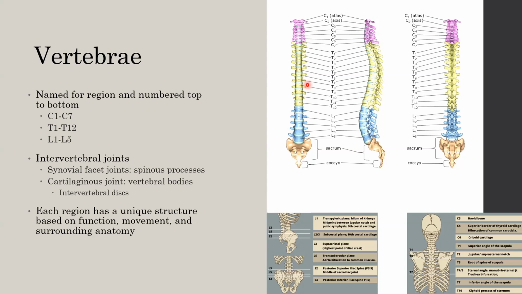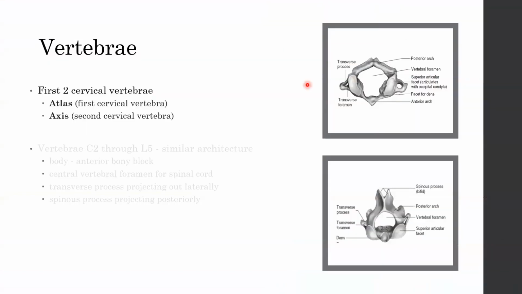And we will get into that starting with our first two cervical vertebrae. Now, we talked about this more in depth in the head and neck lecture, but as a review, our first two cervical vertebrae have special names. Our first cervical vertebra, or our first vertebra in general, will be our atlas, and our second vertebra will be our axis.